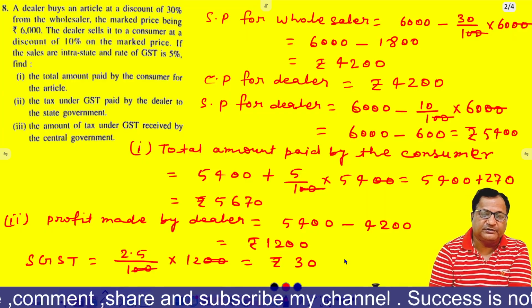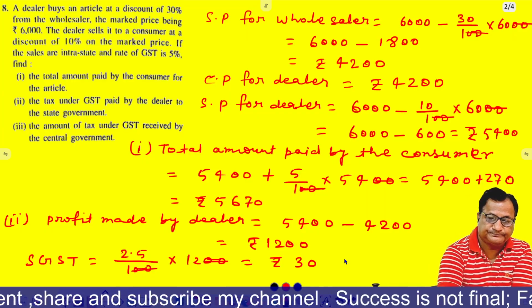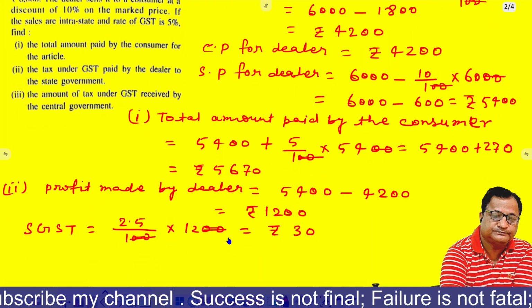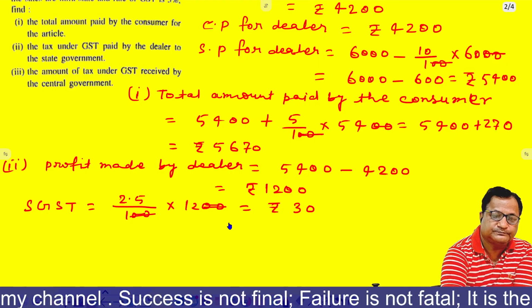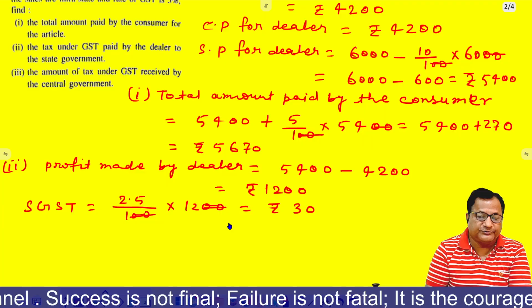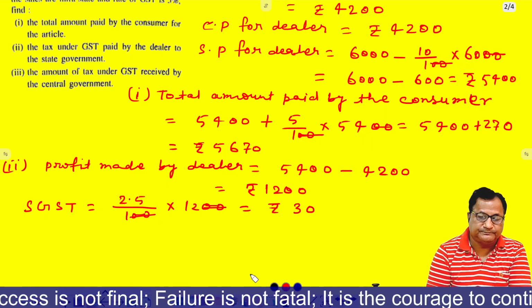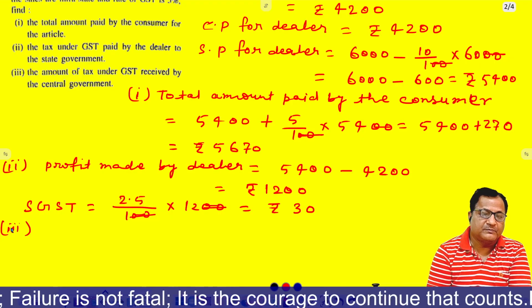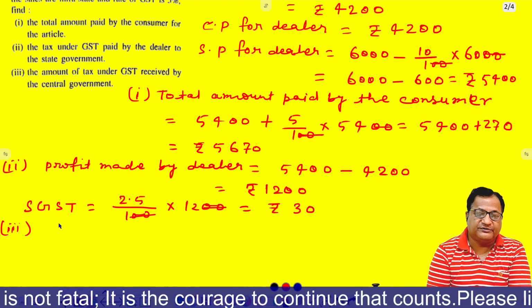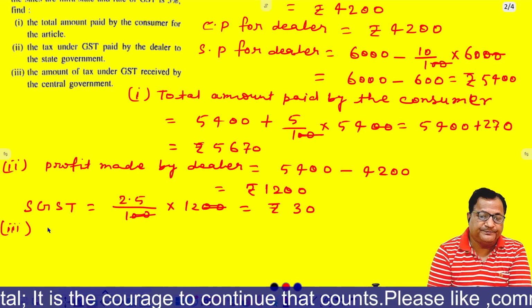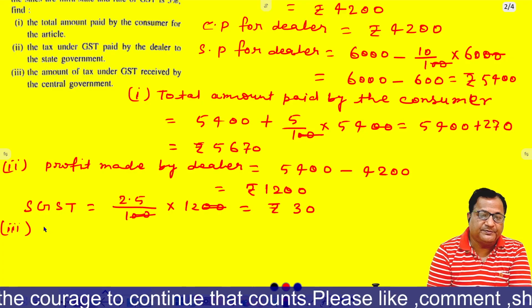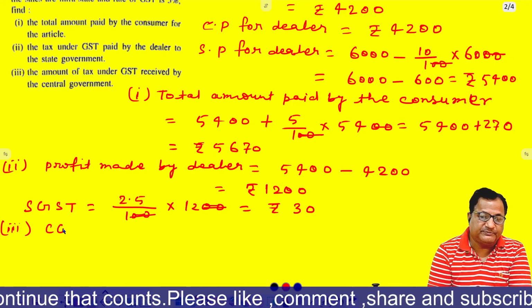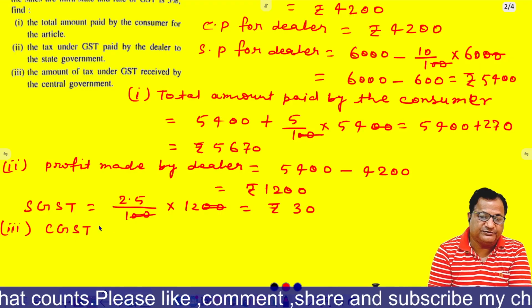Now see question number 3. Question number 3 is the amount of tax under GST received by the central government. Then we have to find CGST.